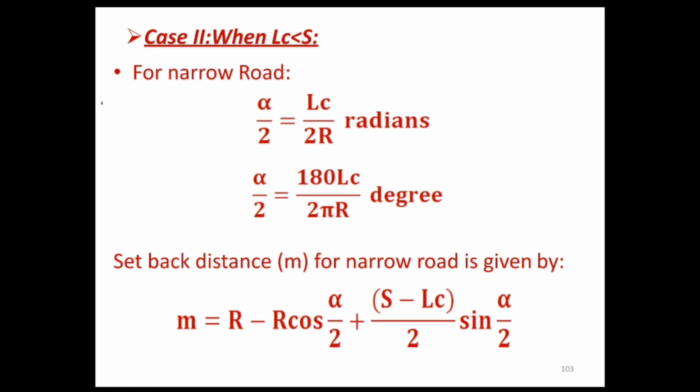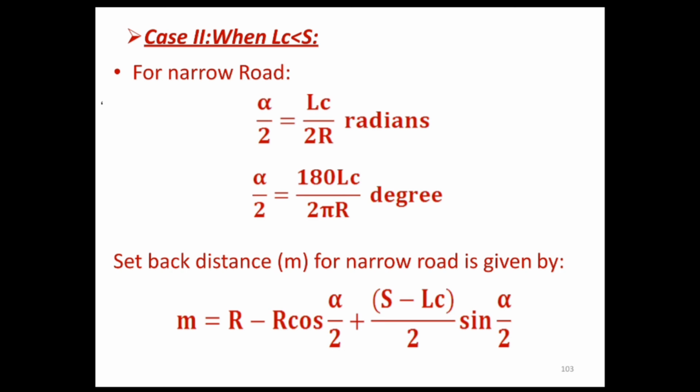Alpha by 2 equals LC upon 2 pi R in radians, or alpha by 2 equals 180 into LC upon 2 pi R in degrees. And the setback distance M for a narrow road is given by M equals R minus R cos alpha by 2 plus (S minus LC by 2) into sin alpha by 2.